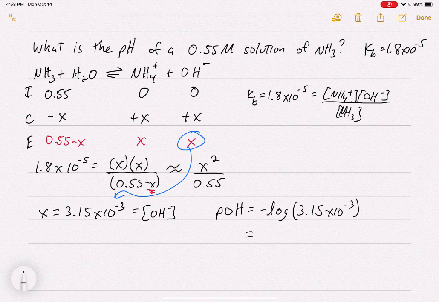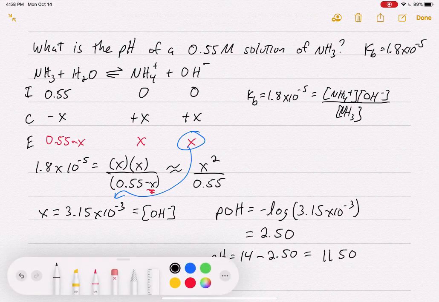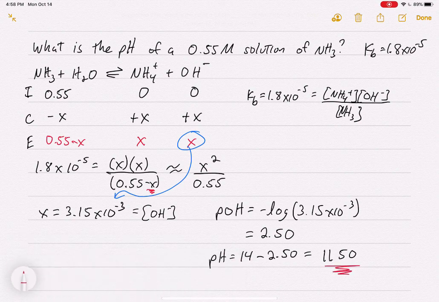So we get a pOH equaling 2.50, and our pH is going to be 14 minus 2.50, which becomes equal to 11.50. So we were given a Kb, we expected a basic pH, and that is in fact exactly what we got.